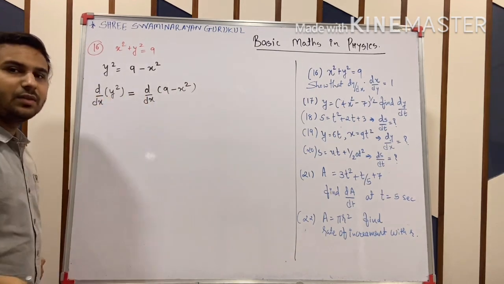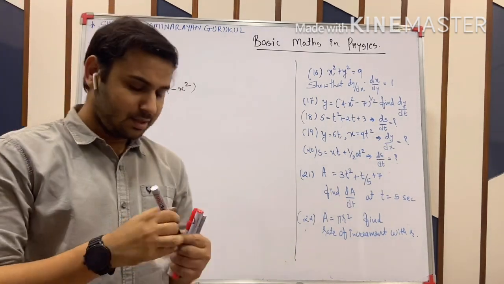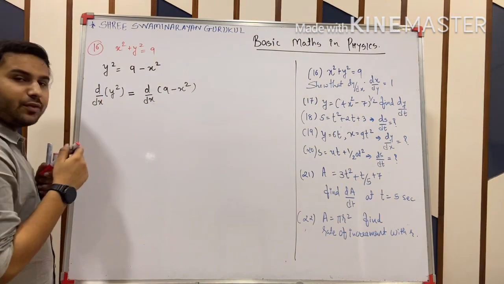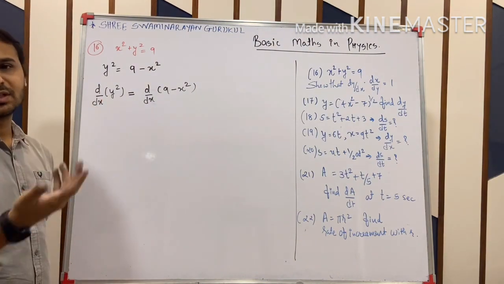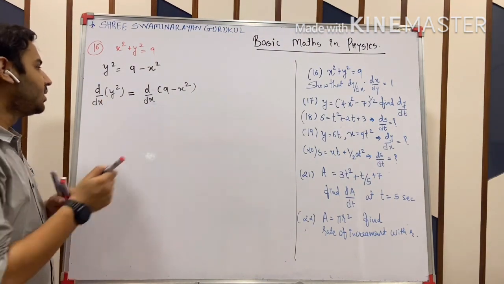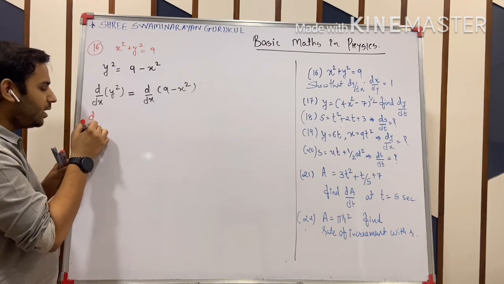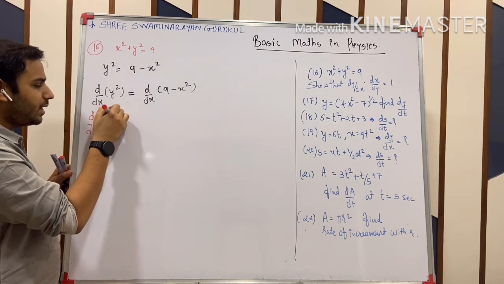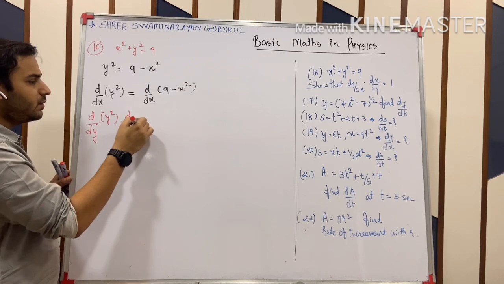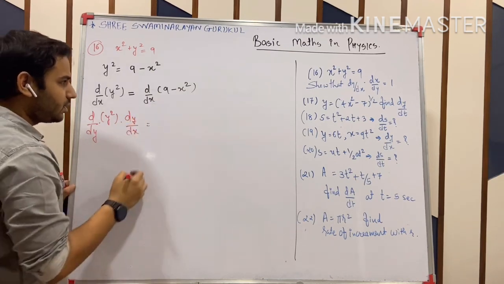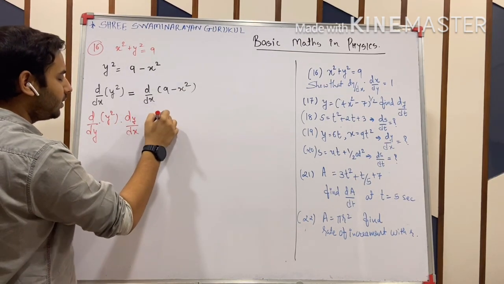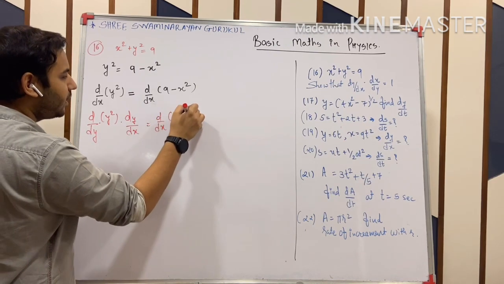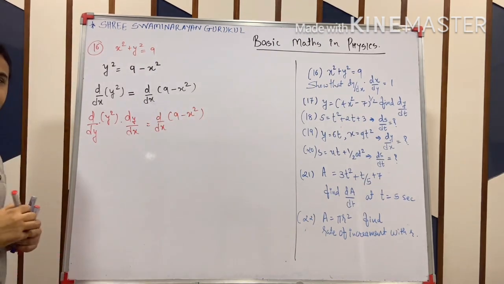I am differentiating with respect to x both sides. Okay, so differentiation of y square, I cannot differentiate this term directly with respect to x. So I'll write like this: d by dy of y square into dy by dx, which is d by dx of 9 minus x square. You understood what I did?